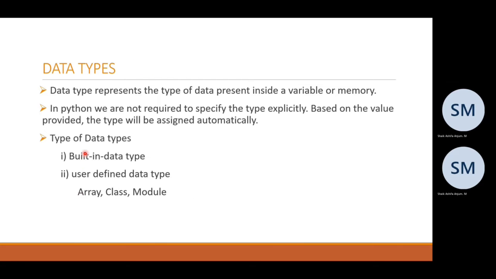Now we will see the data types in Python. A data type represents the type of data present inside a variable or memory. In Python, we are not required to specify the type explicitly. It means that it is not required for us to mention it while declaring a variable.